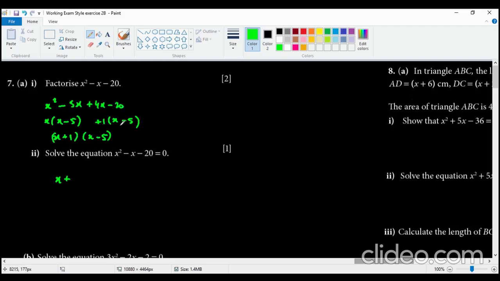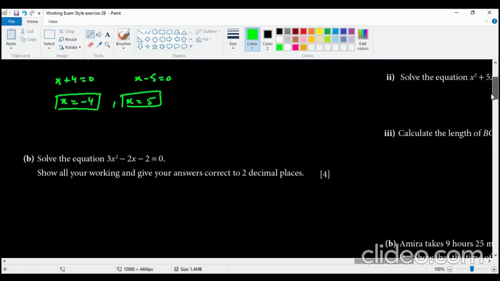That means this is going to give us a plus 4 and x plus 4. So x plus 4 and x minus 5 are the two factors. So x plus 4 equals 0 and x minus 5 also equal to 0. That means x equals negative 4 and x equals positive 5. These are the two values of x. This is a 1 mark question.